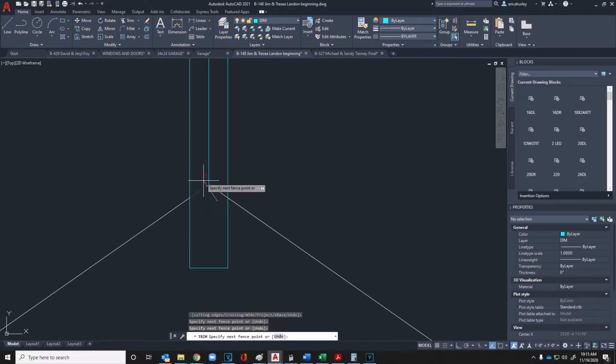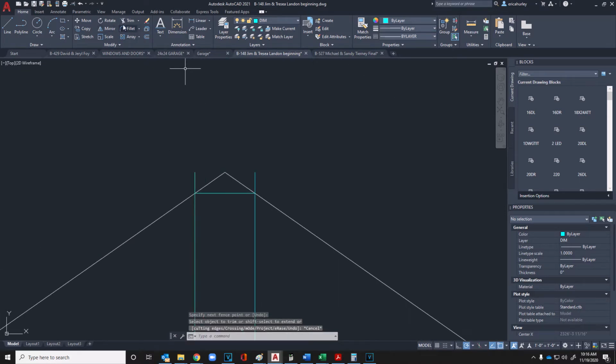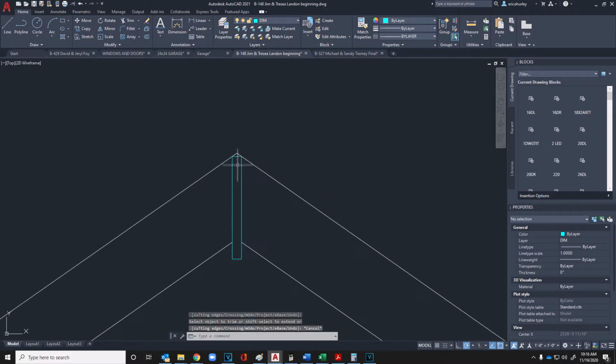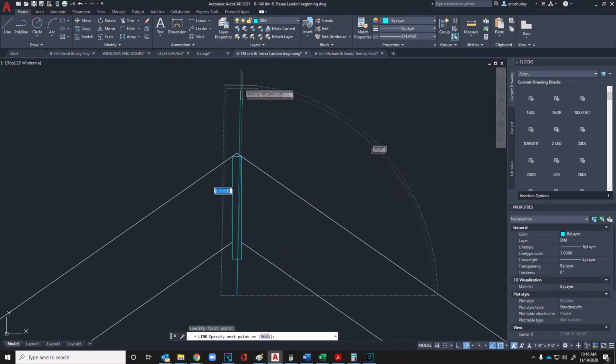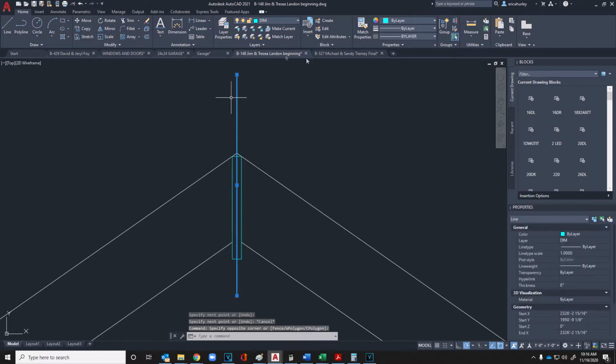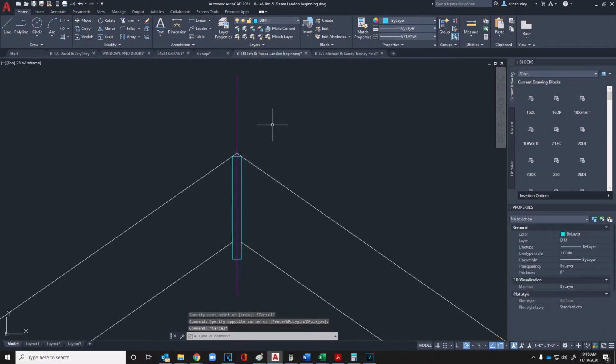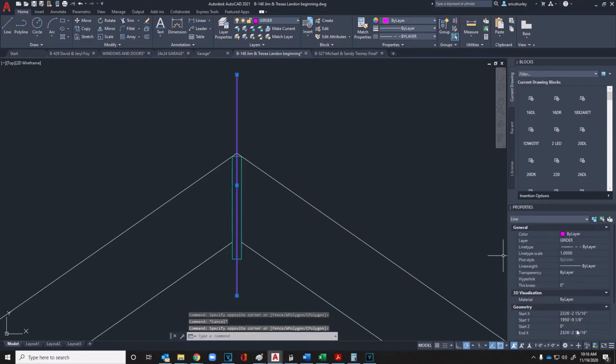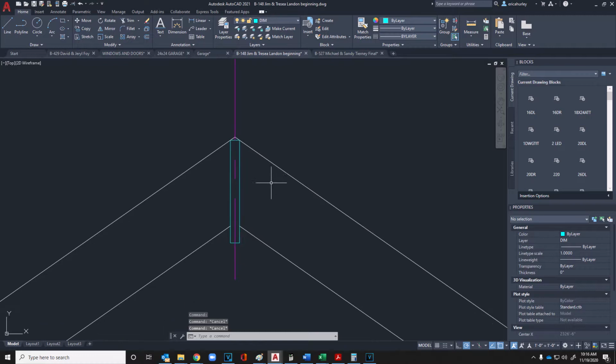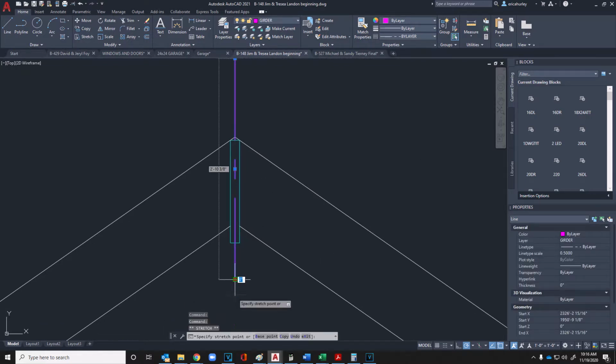I'm going to go ahead and trim this out, leave that point there, and actually draw a center line in here to show you where the center line is, and you can see that there's the center of that particular roof.